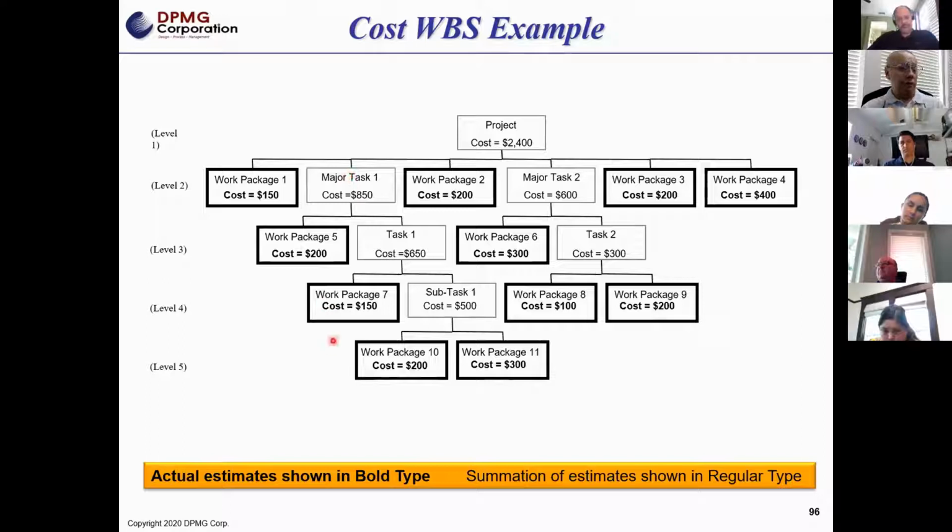Now, for the purpose of the class, what I'd like you to do is take your effort hours and multiply that by whatever hourly rate your team comes up with, or the $45. The other cost that should be included in each of those boxes is your material cost or resource cost.